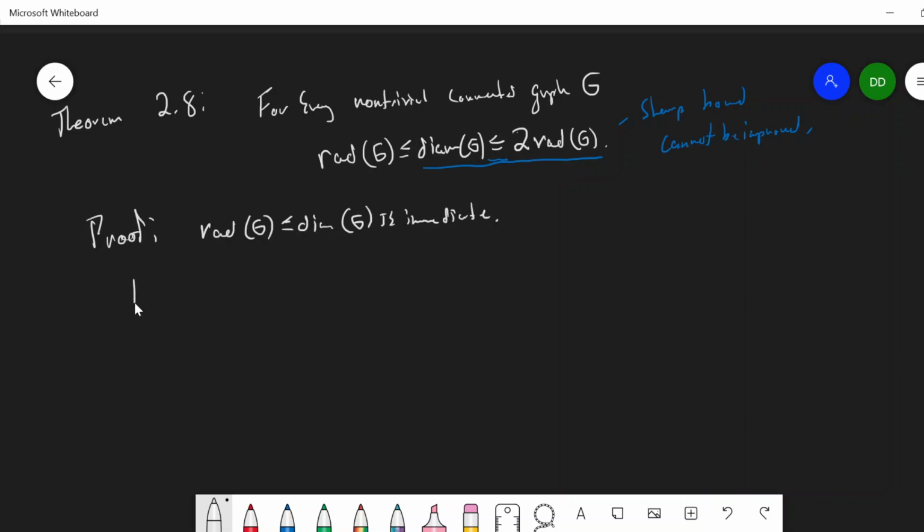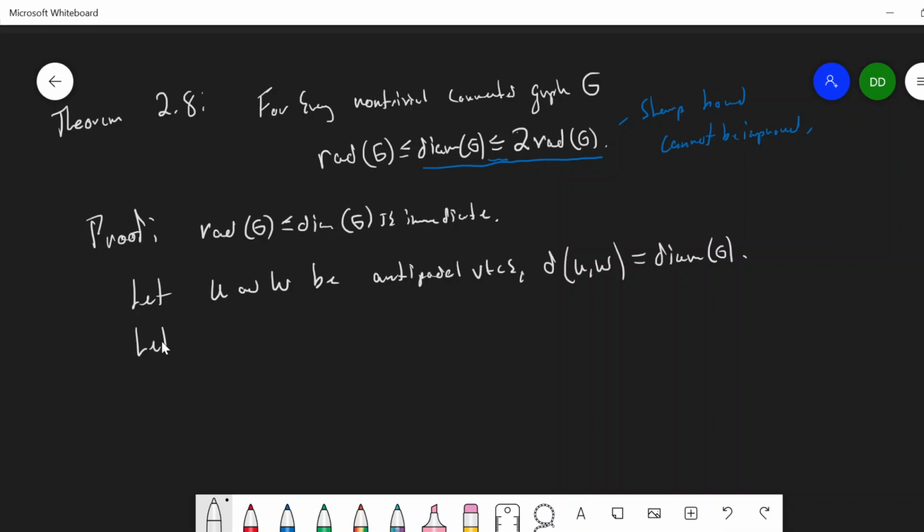So I'm going to let U and W be antipodal vertices. Remember what that means, that the distance between U and W is equal to the diameter of the graph. And I'm going to let V be a central vertex. So remember, what central meant was that the eccentricity of V is the minimum over all the vertices of the graph. The eccentricity of V is equal to the radius of G. And I'm going to use the triangle inequality again.